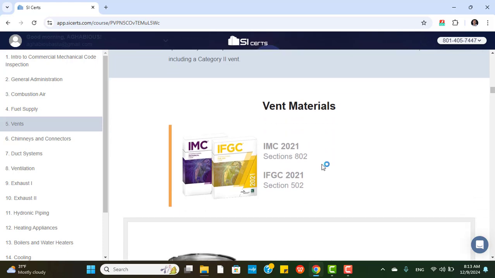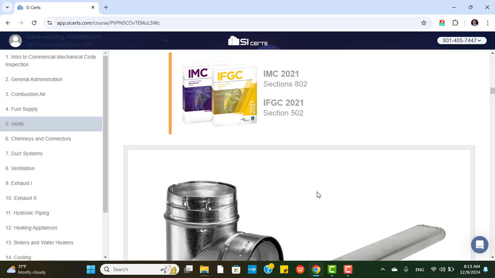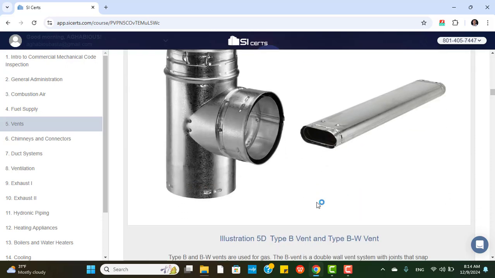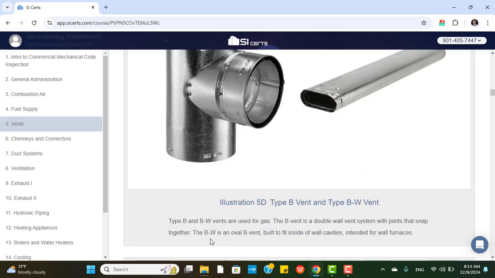Vent material. This is International Mechanical Code 2021, sections 802, and International Fuel Gas Code 2021, section 502. Illustration 5D, type B vent, and type PW vent.